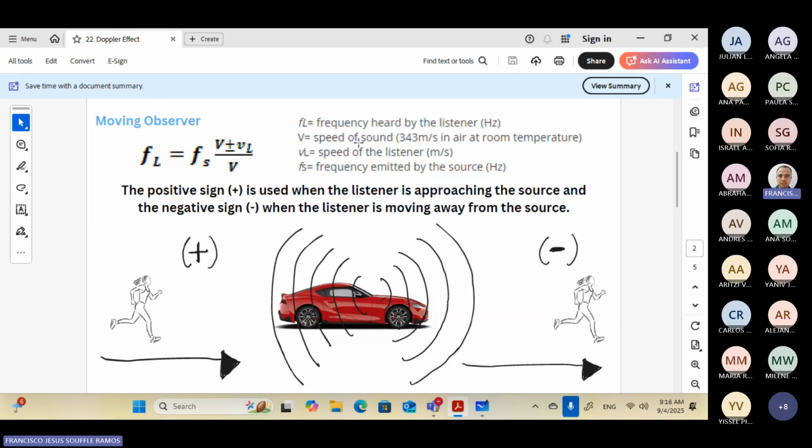Capital V is the speed of sound, 343 meters per second, the same value. F sub S is the frequency of the source. In this case, the car, what's the frequency of the source? It will be in hertz. So you need to check that the units are correct. And V sub L is the velocity of the listener, because now you're moving.